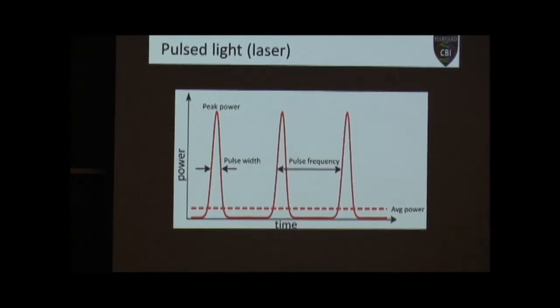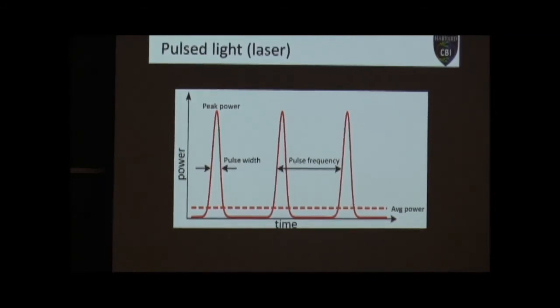There are a couple of measurements that are important here, and you'll often see them listed on the specifications for a pulse laser. You'll see something known as the peak power, which is the highest power level that it reaches at the top of each one of these pulses. You'll also see the average power, which is just the power integrated over time, and this is much, much less.